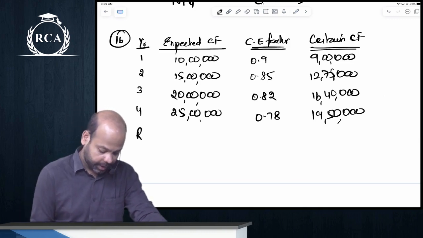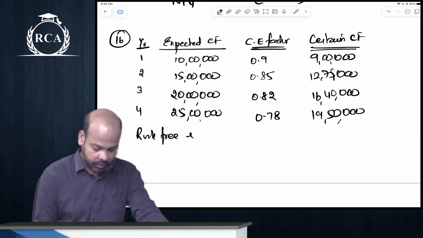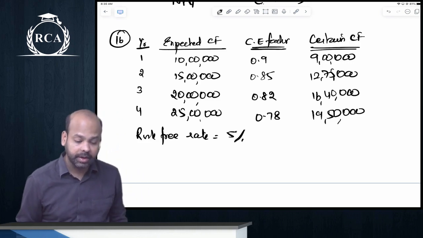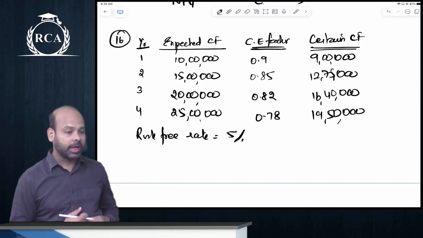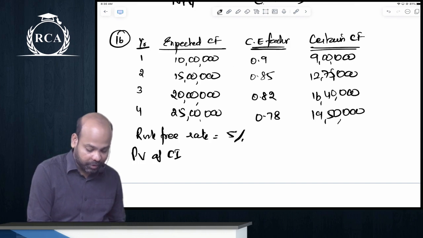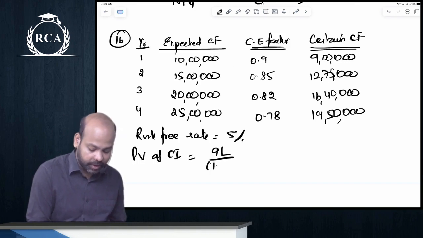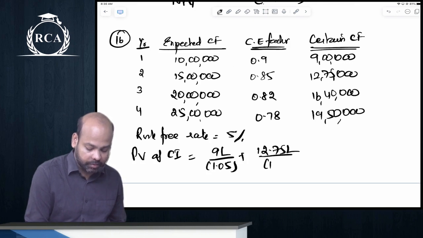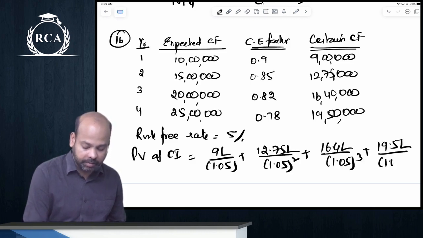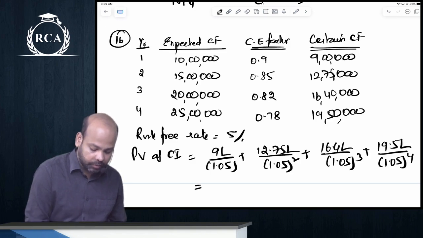Your risk-free rate is how much? 5%. Because your risk-free rate is 5%, you're going to discount at 5% here. You're going to discount all the cash flows at 5%, and write NPV. Present value of cash inflows is 9 lakhs by 1.05, 12 lakhs 75,000 by 1.05 whole square, 16 lakhs 40,000 divided by 1.05 whole cube, 19 lakhs 50,000 by 1.05 whole power 4.